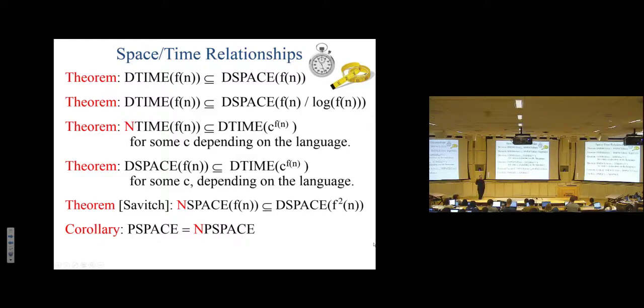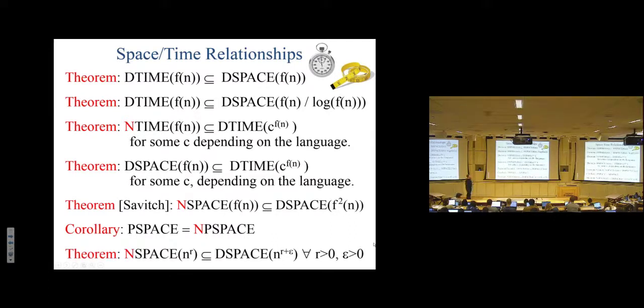Suffice it to only square the space. That's what Savage's theorem says. And from that, we have a corollary that non-deterministic space is the same as deterministic space, polynomially speaking. So that's the P is equal to NP question for space, and that's solved. There's no $1 million for that. Just a nice paper back in the 70s.